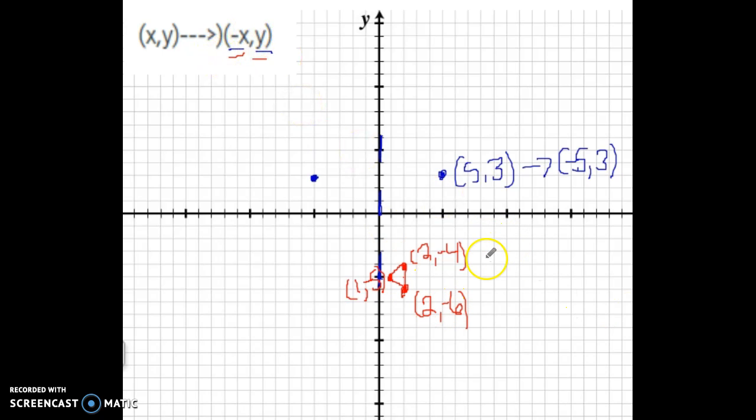I'm going to apply the rule to each of them. So I'm going to change the sign of x and keep y the same. So this ordered pair would be at -2, -4. Then I would do the rule to this one, change the sign of x, keep the y the same. So it would end up over here. And then I'm going to apply the rule to this one, change the sign of x, keep the y the same.